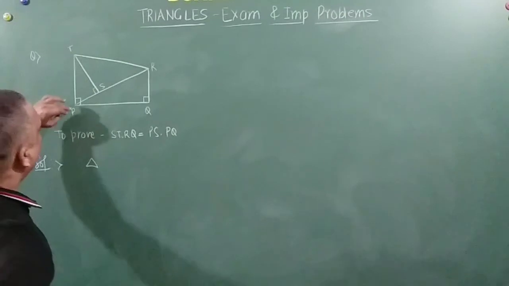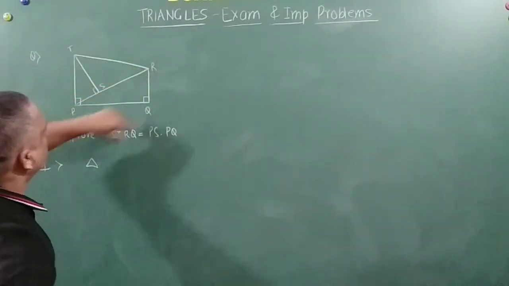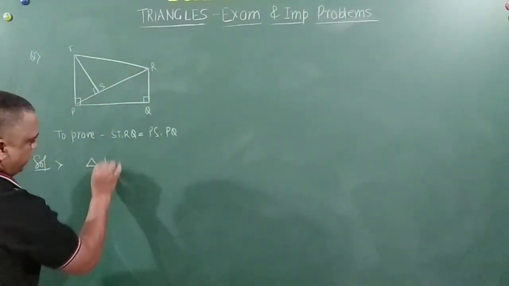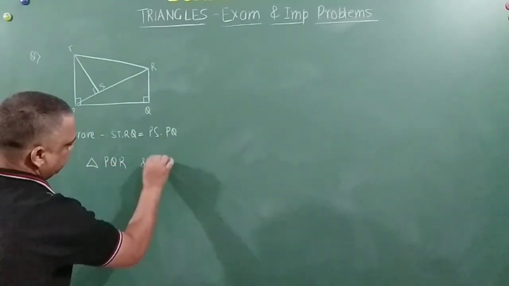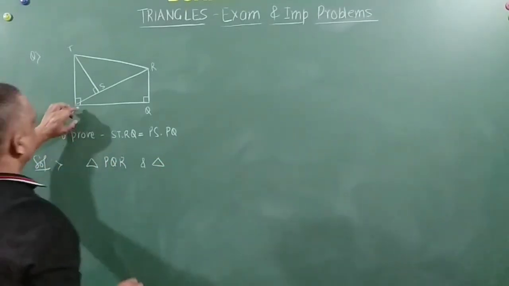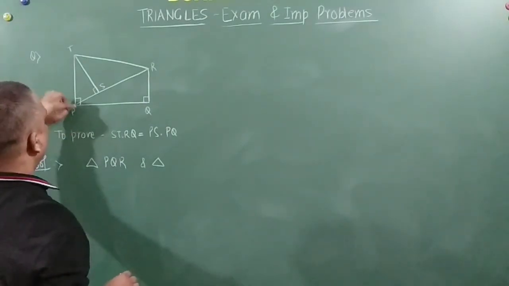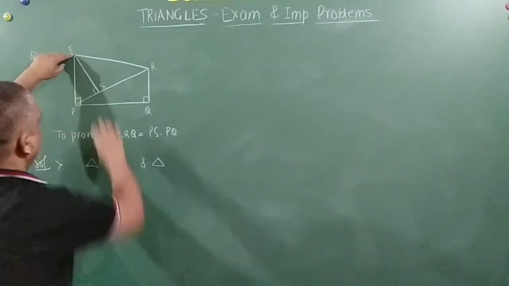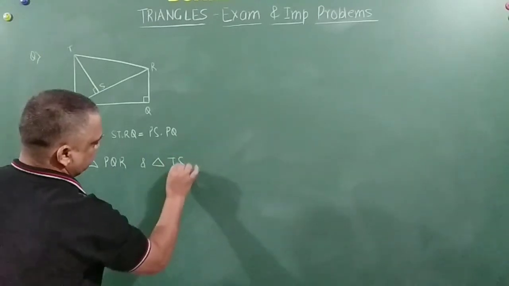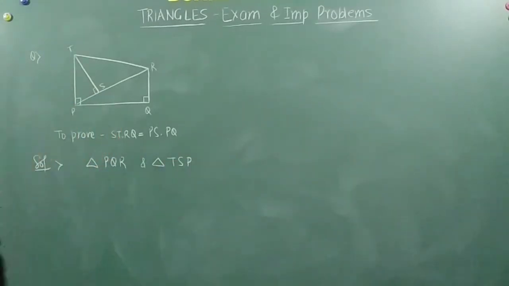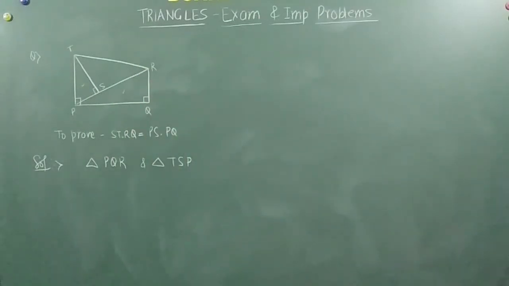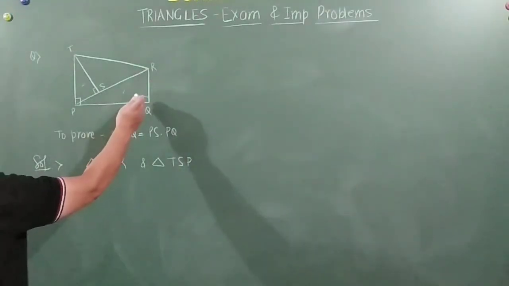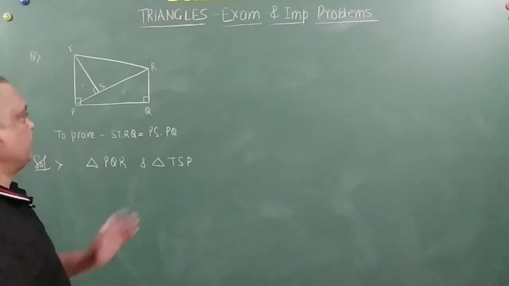Triangle PQR and triangle TSP. So I am considering this triangle and this triangle now, right, friends? One angle is definitely 90 degrees, that we do not have to worry about.